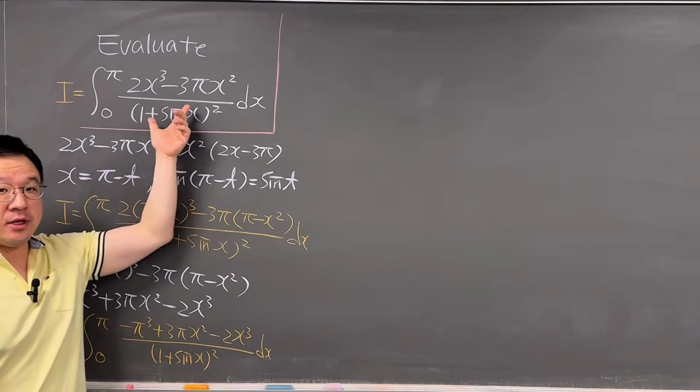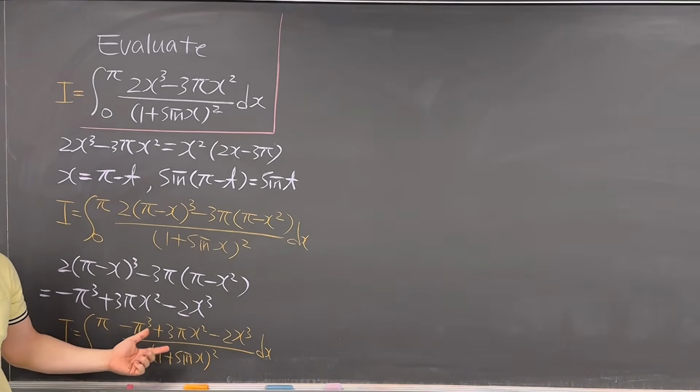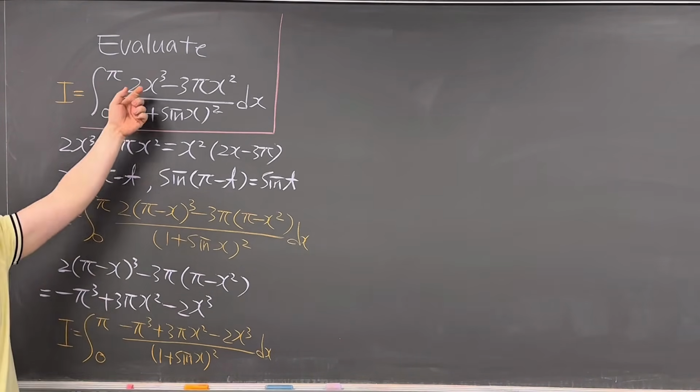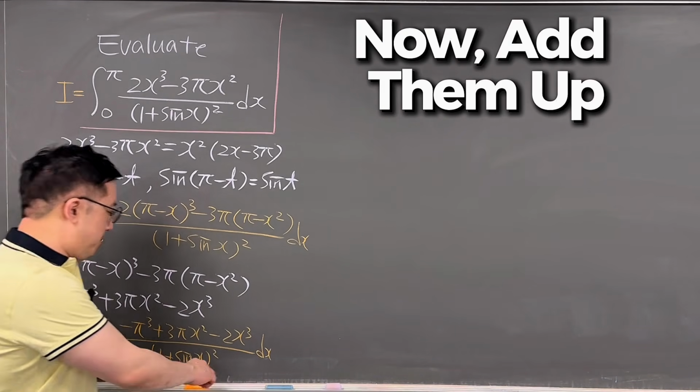Okay, this was the original integral, and this is the transformed integral I. So these two integrals are just the same integral I, right? So let me just add them up.